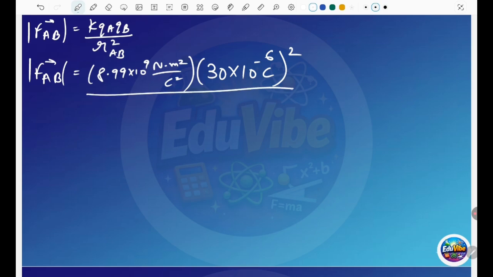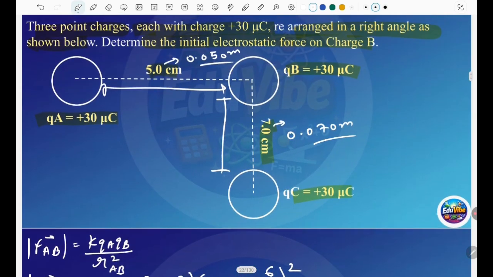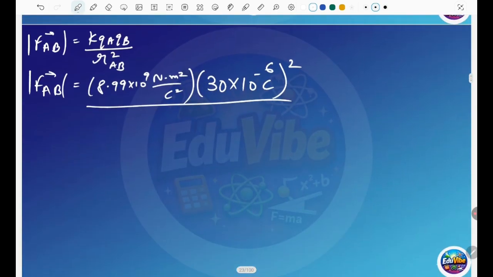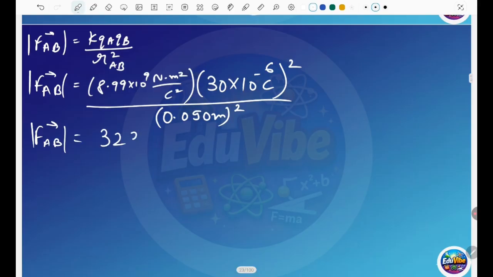We directly square it because Q_A and Q_B are the same. So r squared is 0.050 meters, should be in meters, and then the square of it. And when we calculate this, we get about 3236.4 newtons.